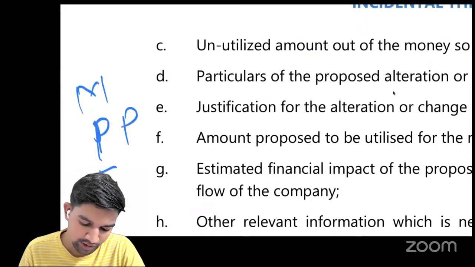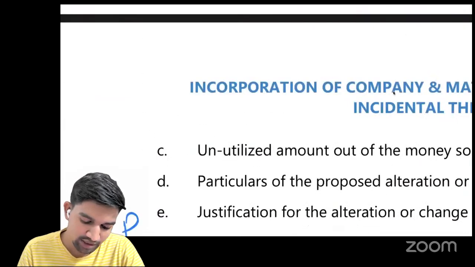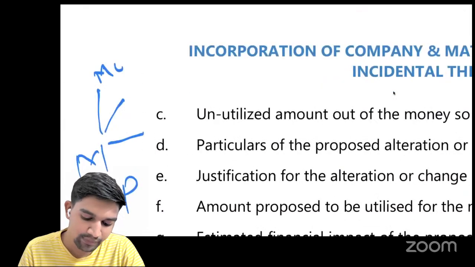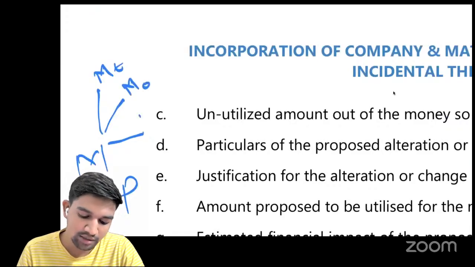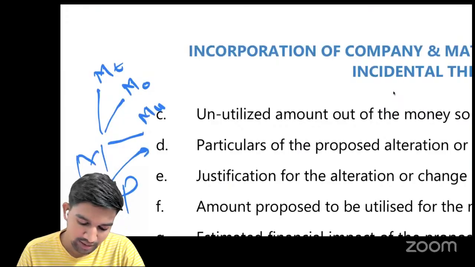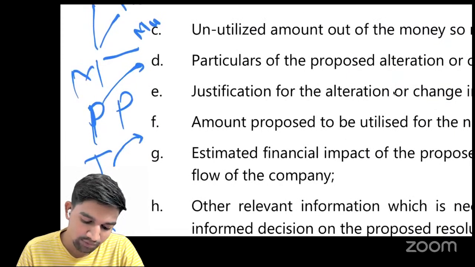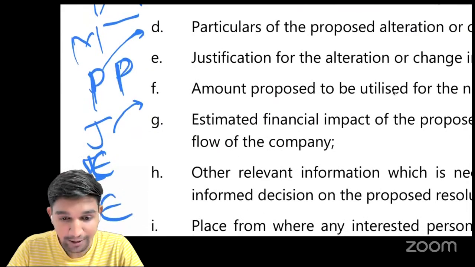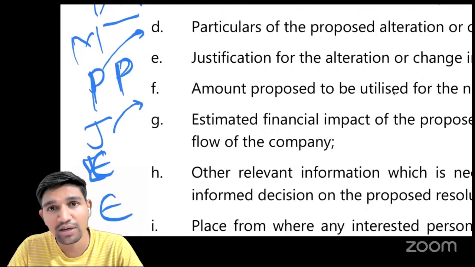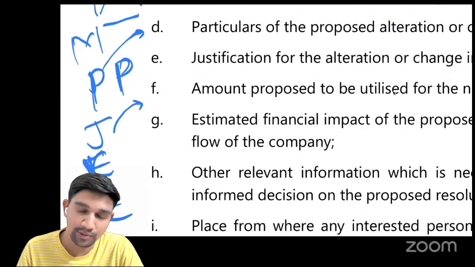What is the total money received? Money has three parts: total money received, total money utilized for the object, and unutilized money. Then the particulars of the alteration, the justification of such alteration, and the estimated financial impact of such alteration in terms of earnings and cash flow.